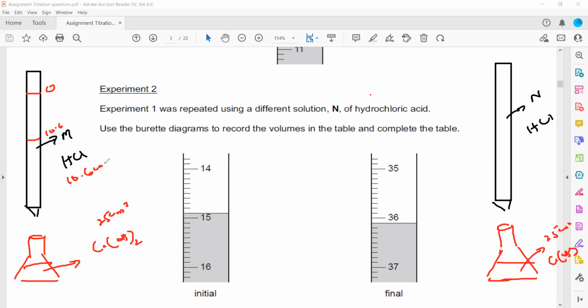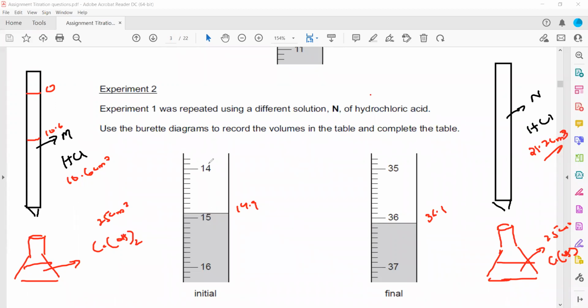We need 10.6 cm³. In the second experiment, the readings were 14.9 and 36.1. So 36.1 minus 14.9 gives a difference of 21.2. So 21.2 cm³ of HCl is needed for a complete reaction.